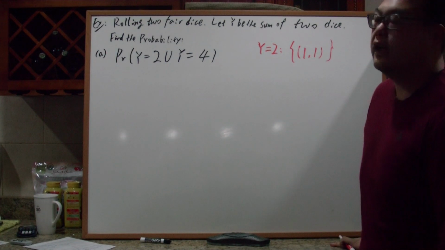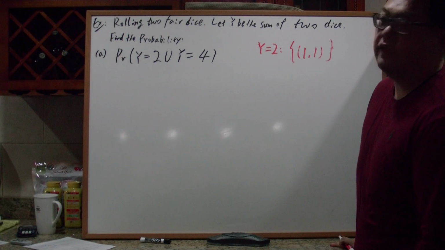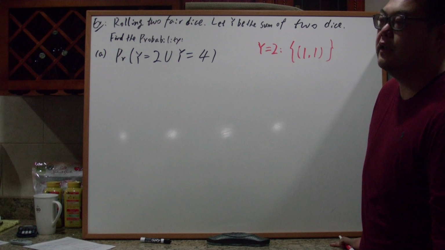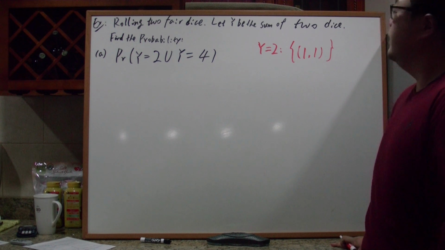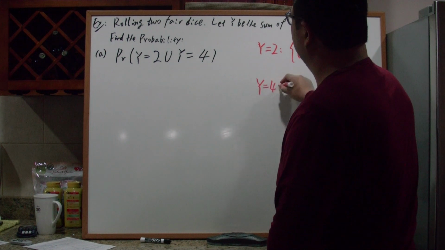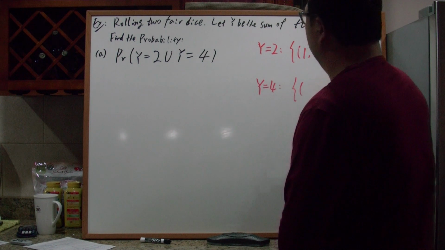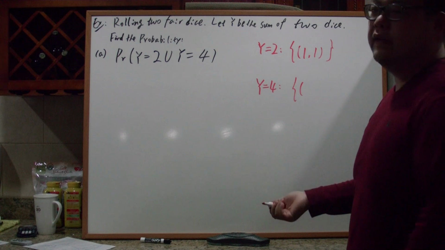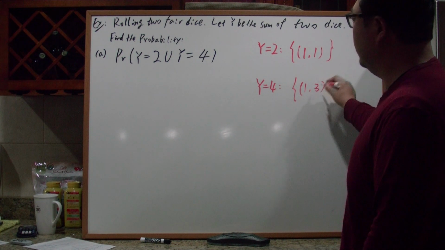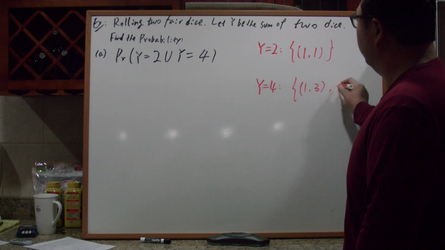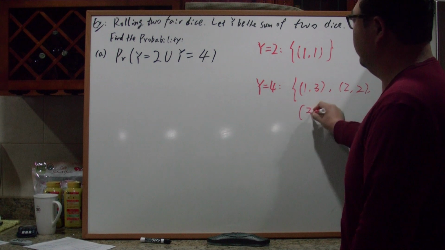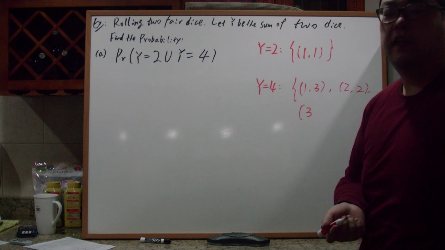Right, to get a sum of 2, the first die lands on 1, the second die also lands on 1. That's the only possible case. And the sum to be 4: if the first one lands on 1, the second die needs to be 3. If the first is 2, the second needs to be 2. Also, if the first die is 3, the second die has to be 1.